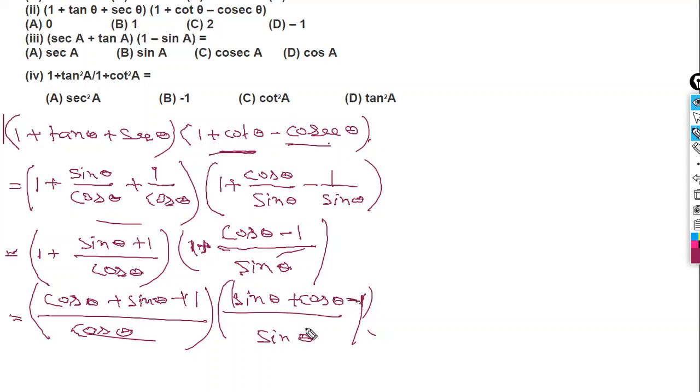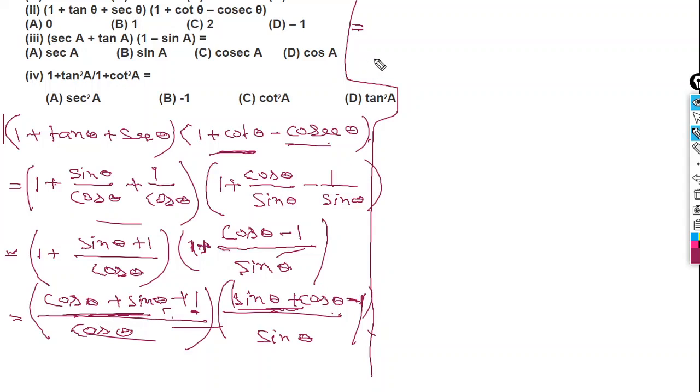Now we will multiply it. Equals, okay, here you can see cos theta plus sin theta we will take as a, plus 1 as b. So (a plus b) into, again sin theta plus cos theta is there, a plus b whole into a minus b is there, okay? So therefore we can write it will be equal to a square minus b square.